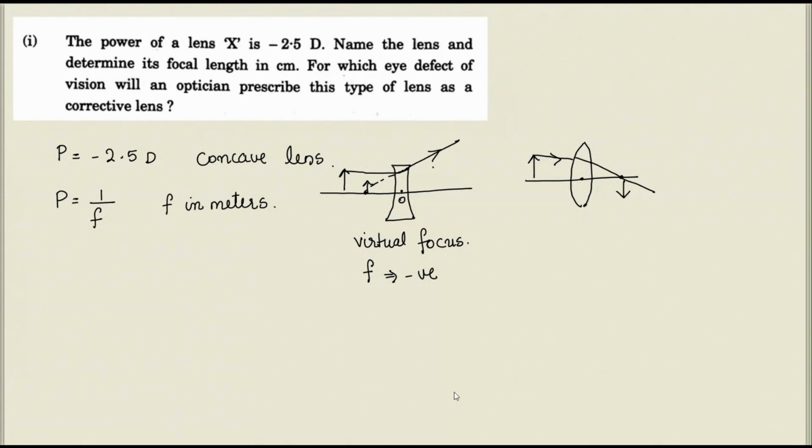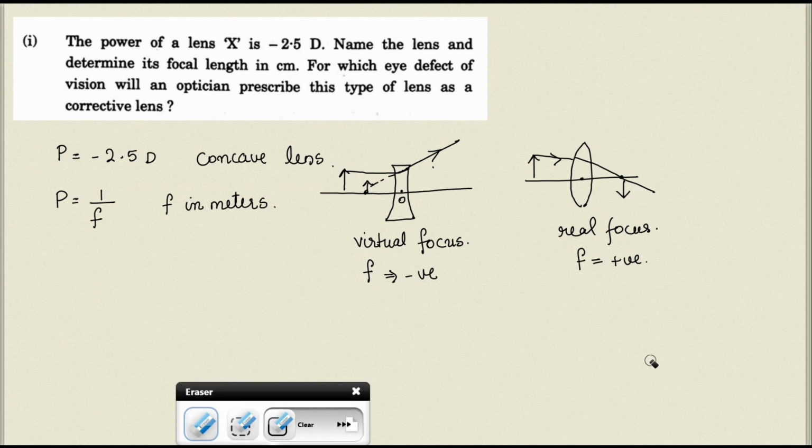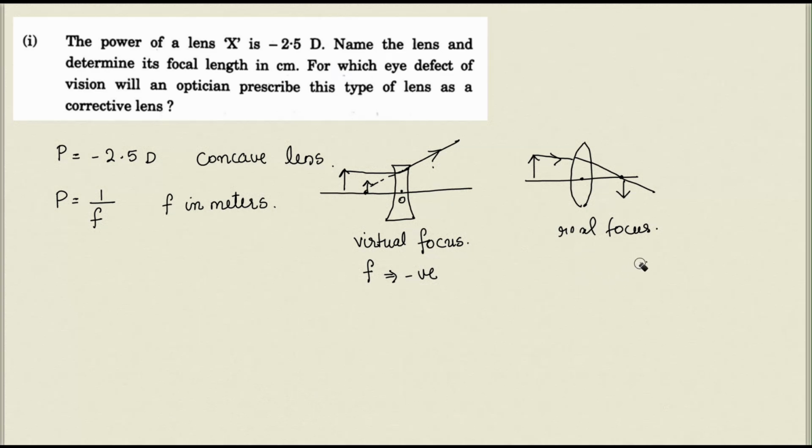Yes. So this focus of a convex lens is a real focus, and the focal length is always taken as positive as it is towards the right of the optic center. So the focal length of a convex lens is always positive and the focal length of a concave lens is always negative. Remember.